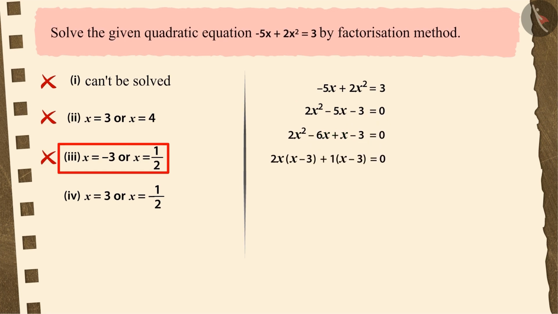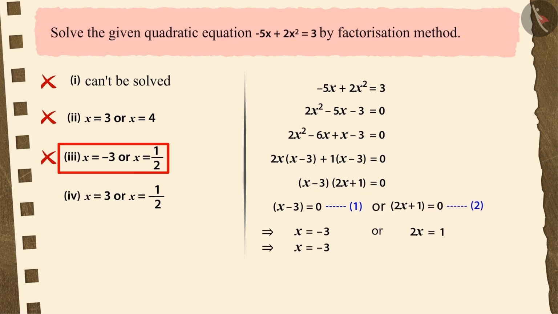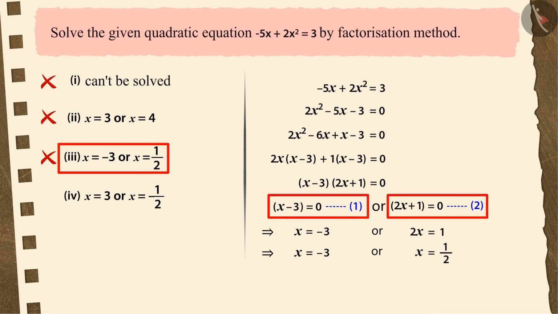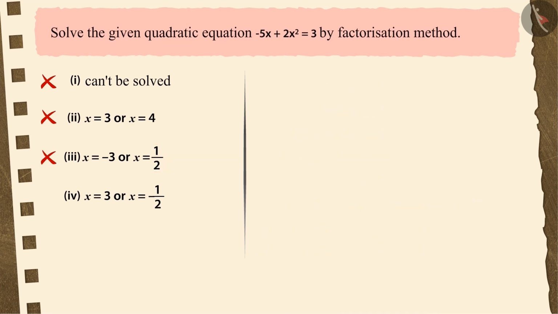On solving, we get two linear factors equal to 0. And putting each linear factor equal to 0, you didn't change the signs while solving equations 1 and 2.